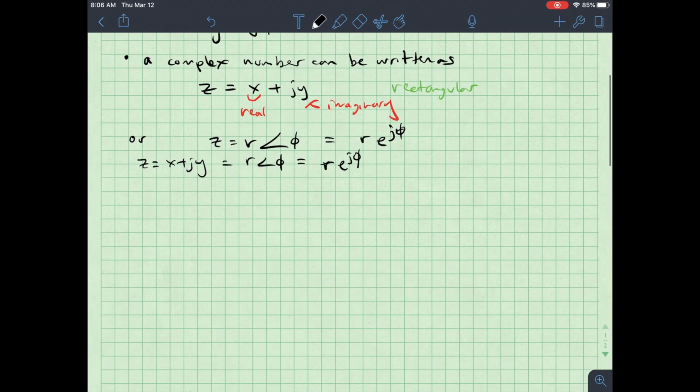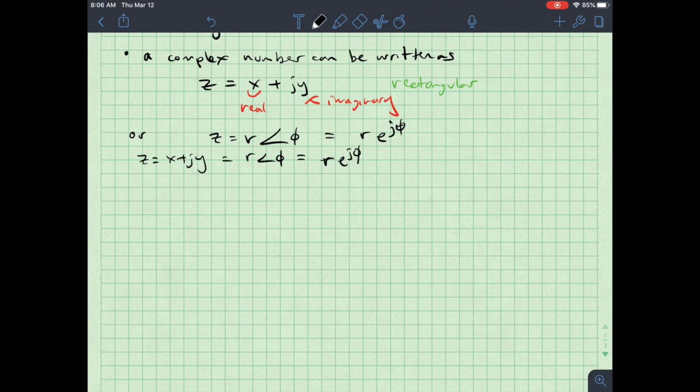That's the next question. And what I should do is start with a nice happy right triangle. Let's say this is my right triangle. R represents the radius, X and Y are the legs, and phi is the angle here.